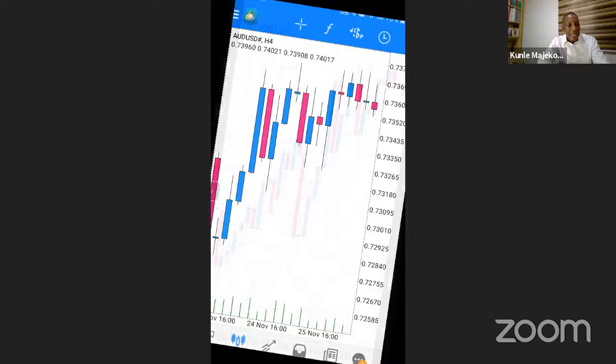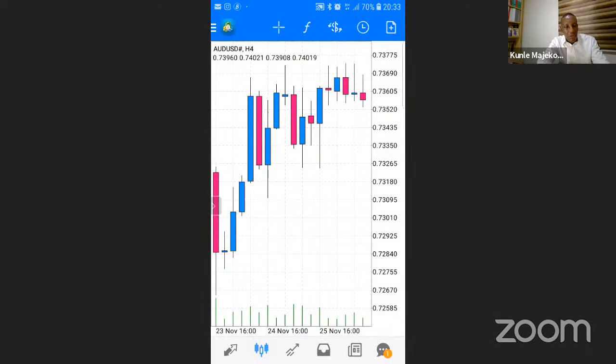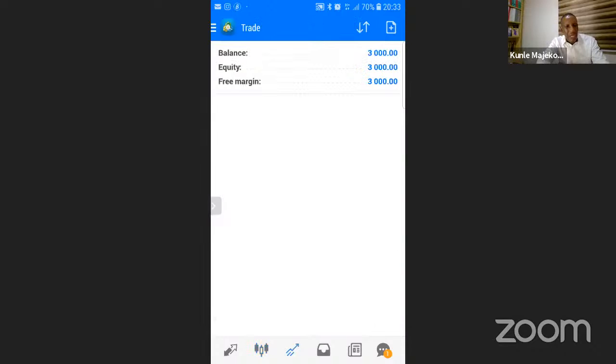Let me go back. If you look further down there, after the chart, the one that looked like a spade is where my live trading or my pending trade is. I don't have any trade right now, so nothing is showing. But you can see my balance, my equity, and my free margin. The difference between your balance and your equity is that if you have an existing trade with a profit on it, you will see the profit in your equity, but your balance will still be showing 3,000.